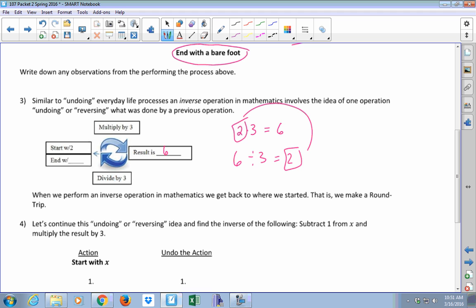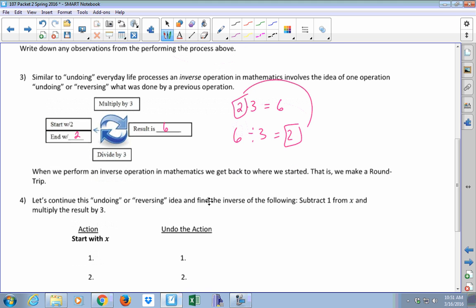So this idea of performing a series of operations and then undoing them and coming back to where we started is the central idea behind inverse operations. And you can also think of this like a round trip.